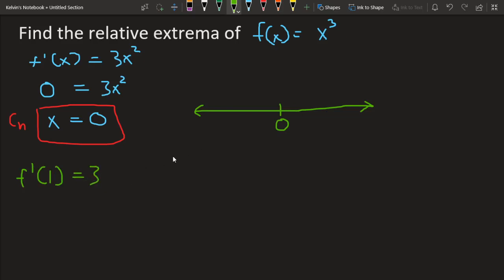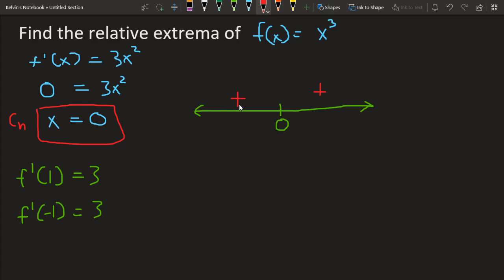So this is a positive number, so we can write positive right here. Now what about f prime of -1? Well, f prime of -1 is still equal to 3. So we can write a positive number right here.